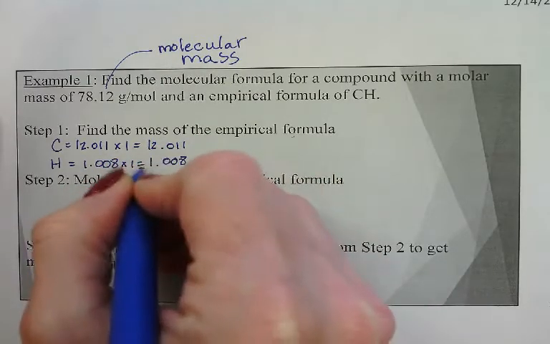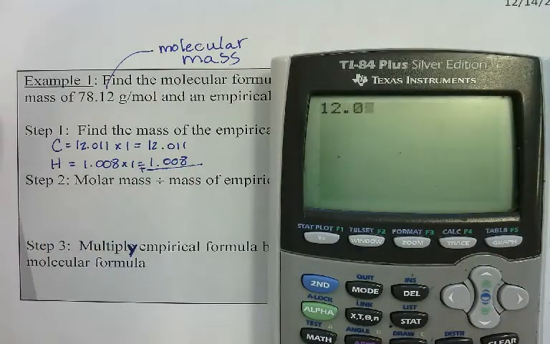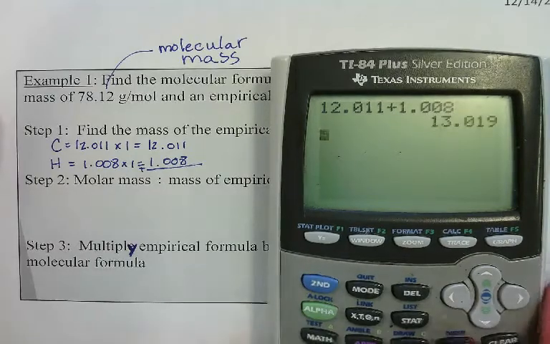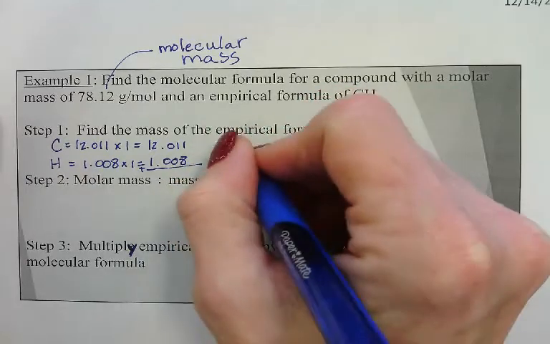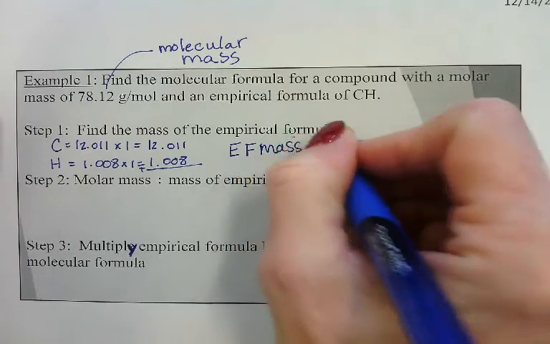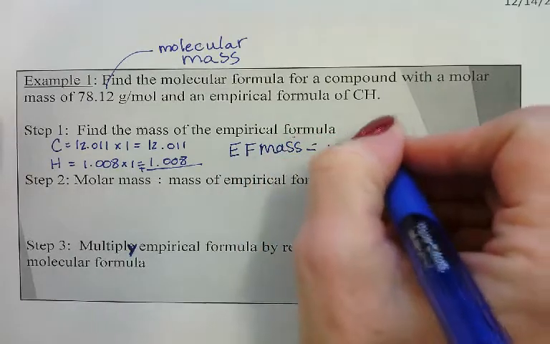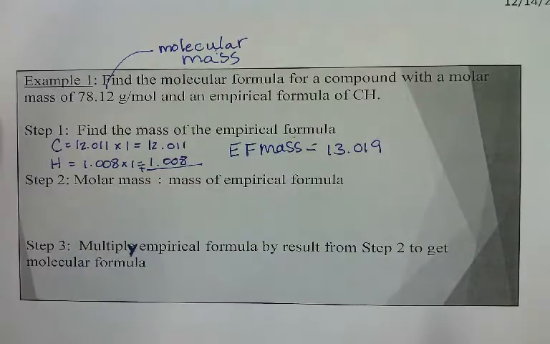So I'm going to add those things together and see what I get. 13.019. So the empirical formula mass is 13.019.